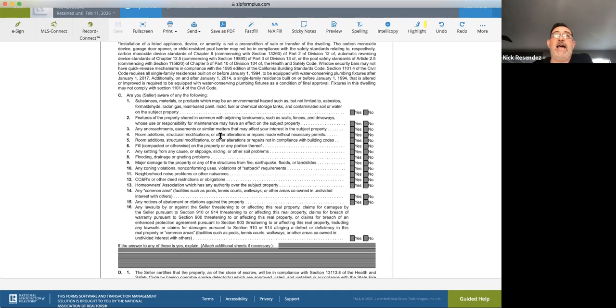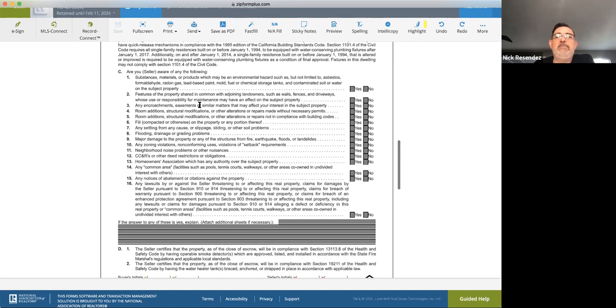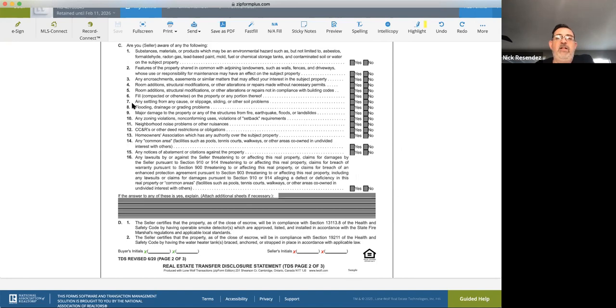Usually we've got a fence line or something that both owners share. Number 3, any encroachments, easements, or similar that affect the interest in the property. 4 and 5 talk about room additions, modifications, alterations, either made with or without necessary permits or not in compliance with building codes. Number 6 talks about fill, which is like compacted soil.